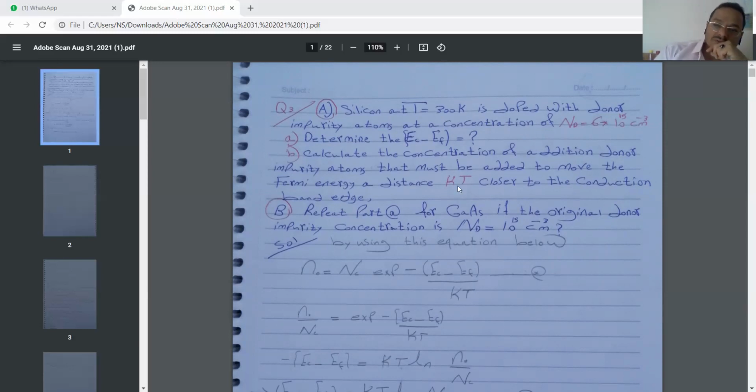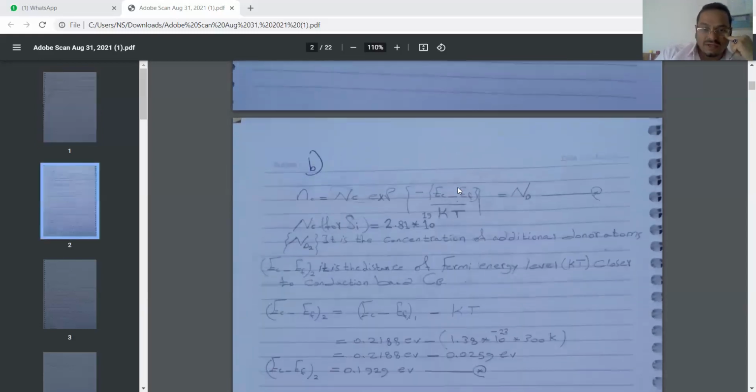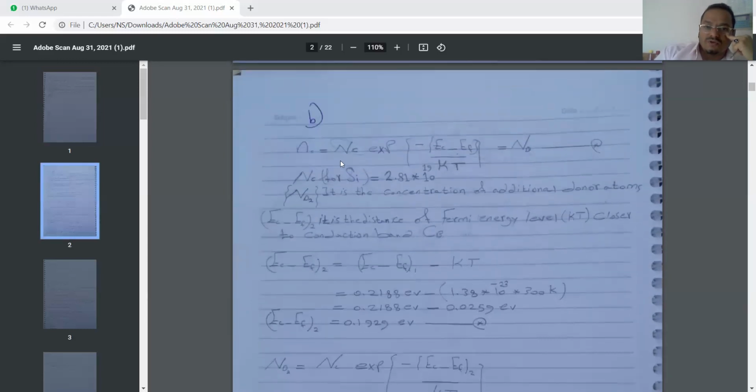Now let's solve all of these together. Here we know NC is constant because at room temperature we calculated that before, equal to 2.81 × 10^19. And we know the result for EC minus EF, this is EC minus EF1.